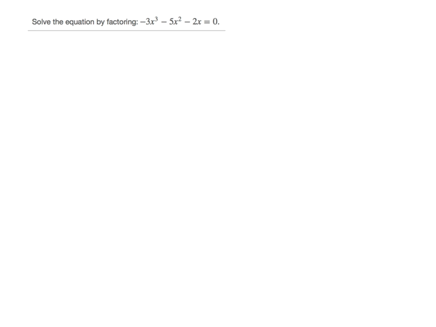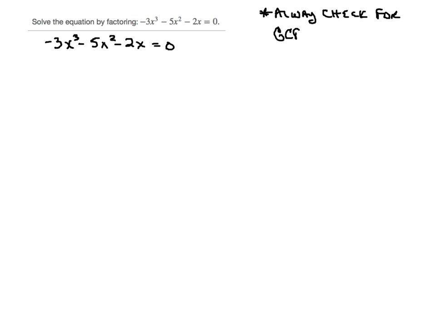Okay, so I put this one on here because this one's got an added step in it. We're still going to use the AC method, but whenever you are using factoring, and I didn't mention this before and I probably should have, you always want to check for a GCF before you do any other method of factoring.